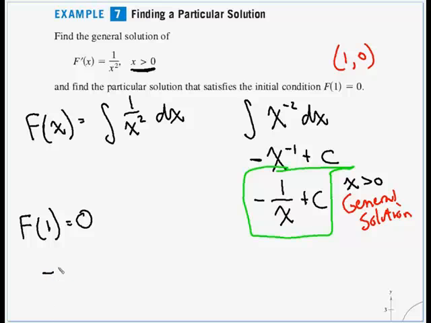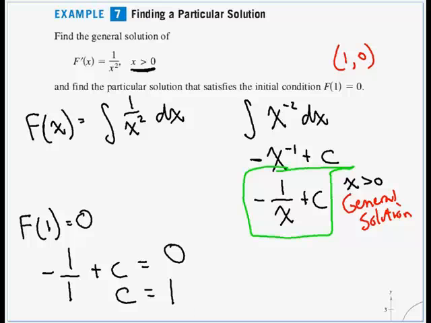So we're going to have negative 1 over, again our x we're replacing with a 1, plus c is equal to 0. So negative 1 divided by 1 is negative 1, and then we add that to both sides. We're going to get c is equal to positive 1.